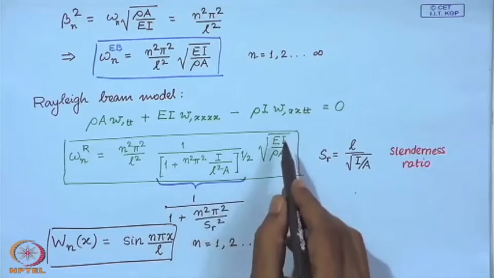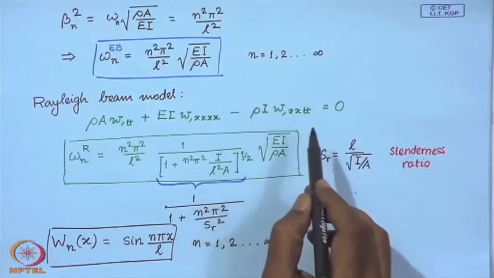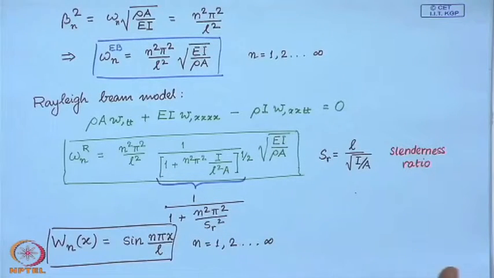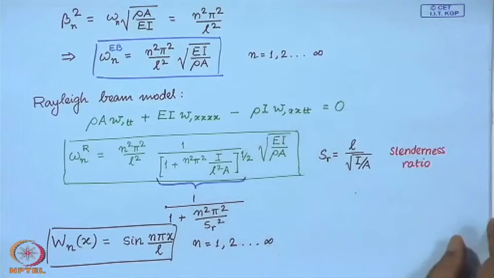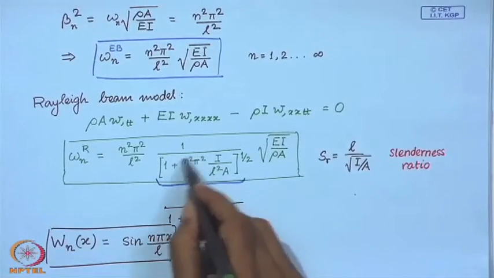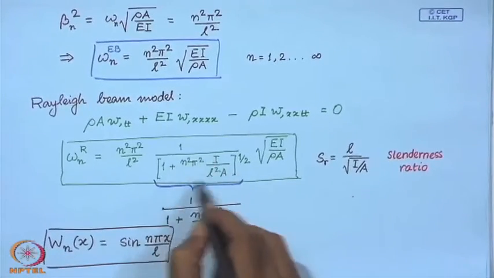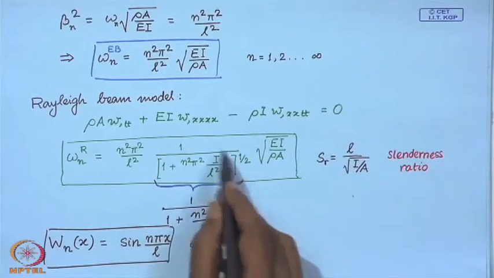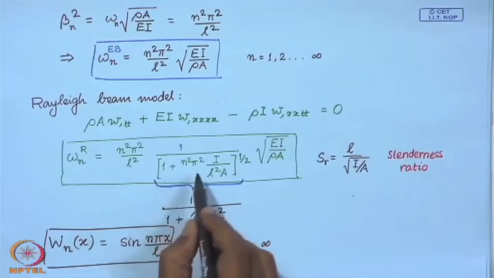So, as you go to higher and higher modes, this term brings in the increased effect because of higher curvature and of course, because of higher frequency. So, as you go to higher modes, this term becomes substantial, and that then starts affecting the eigen frequencies, which is not there for the lower modes.